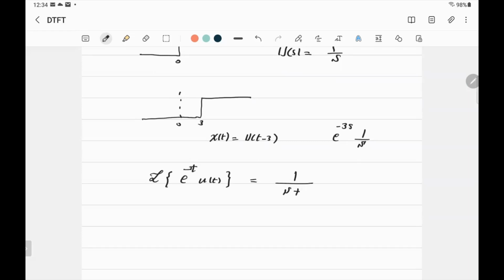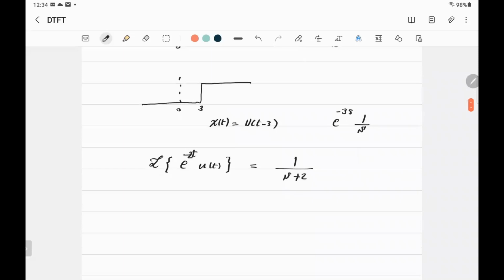Let's make this one 2 instead, so it's e to the power of minus 2t, and you get 1 over s plus 2. That's the function, and it starts from 0 because you have multiplied by u of t.